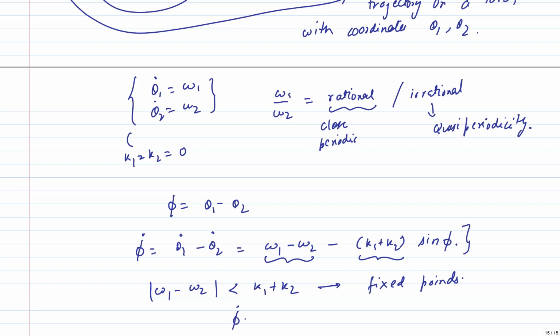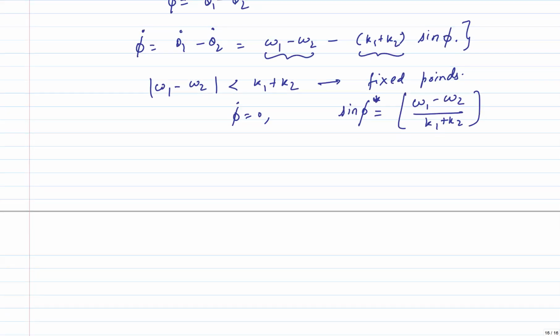I'll put phi dot equals 0 and see what the conditions are. For the fixed point, sine phi should be equal to omega 1 minus omega 2 divided by K1 plus K2. Of course, when K1 plus K2 is less than omega 1 minus omega 2, then I have imaginary fixed points.